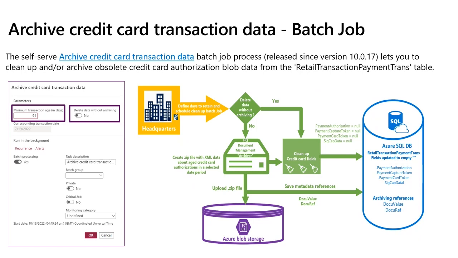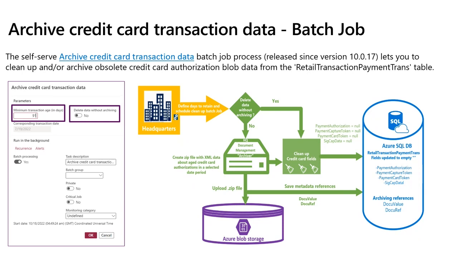Out of the box, archives cannot be restored programmatically, so please make sure you define the number of days to archive depending on the company refund policy. Transactions that are subject to linked refunds shouldn't be archived.